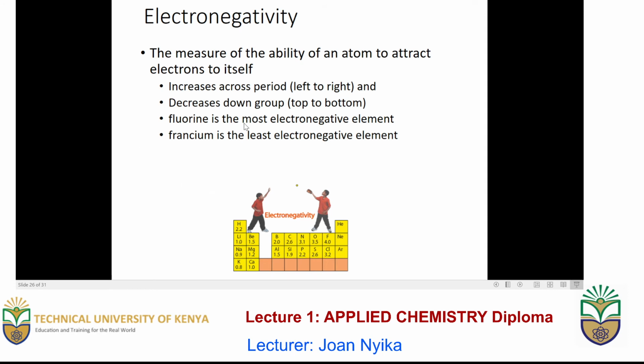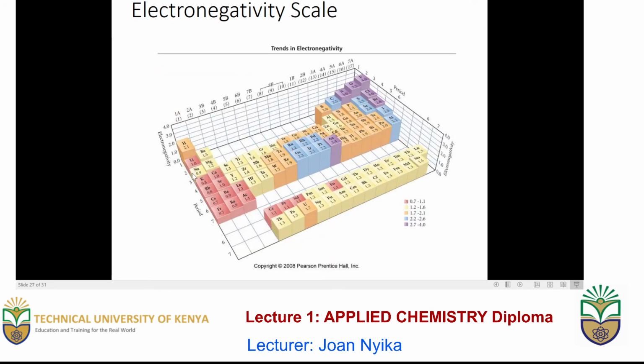Therefore, when we look at a periodic table, electronegativity increases across the various periods from left to right. So an atom like hydrogen has low electronegativity compared to fluorine.